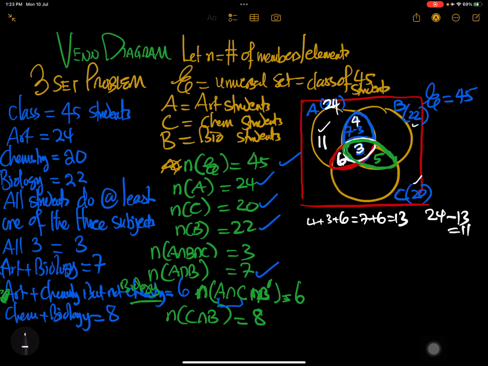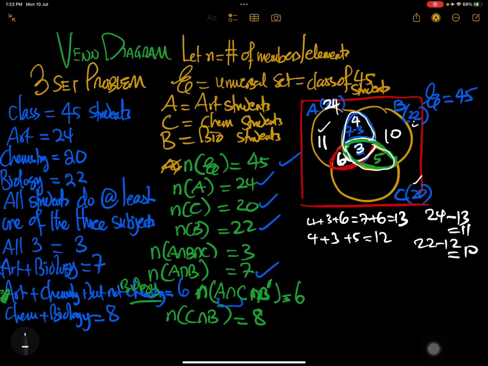So that place alone is 11. Next, on this side we have 4 plus 3 plus 5, which is 12. We take that 12 from 22, so 22 minus 12 is equal to 10. So here becomes 10.